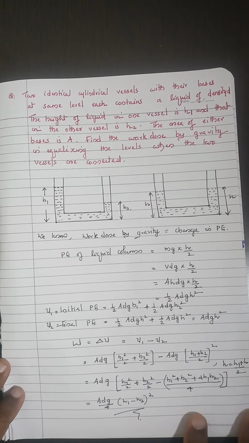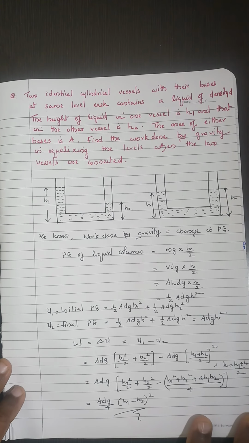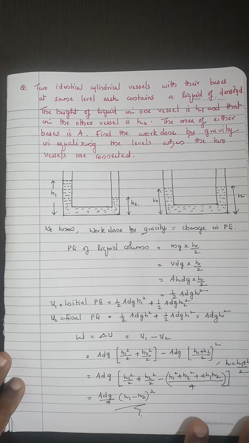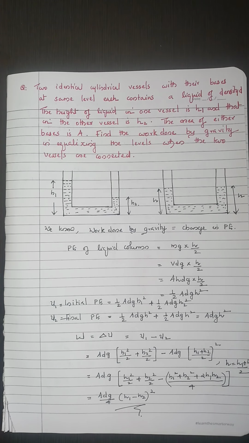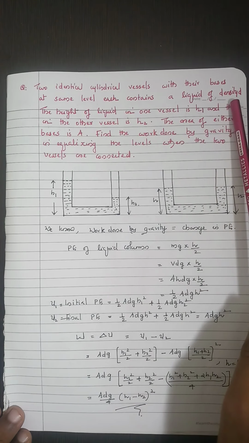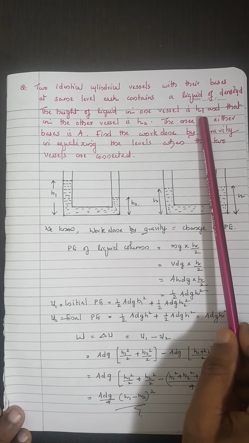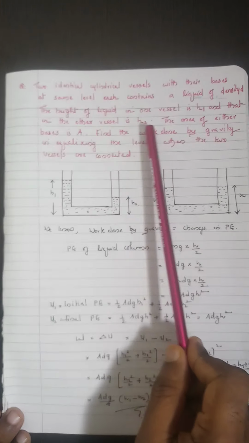Another very good question is coming. Two identical cylindrical vessels with their bases at the same level each contain a liquid of density D. The height of liquid in one vessel is h1 and that in the other vessel is h2.